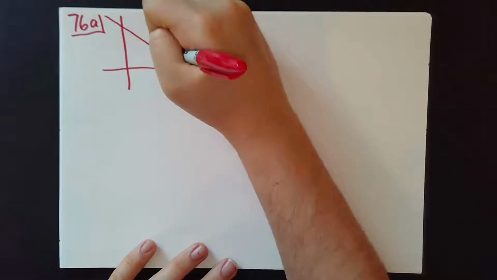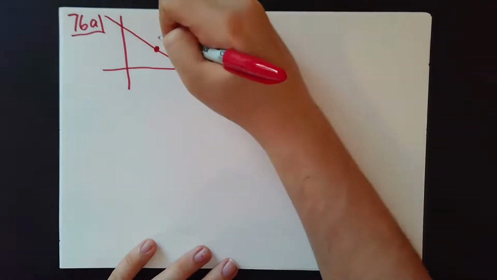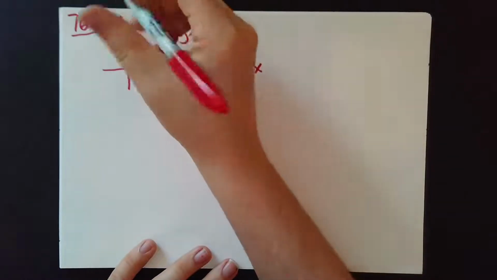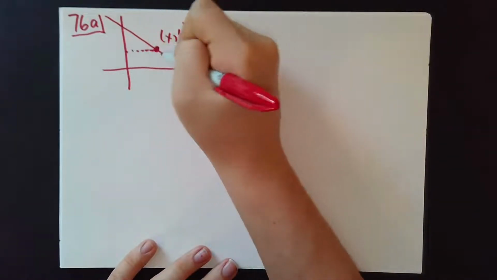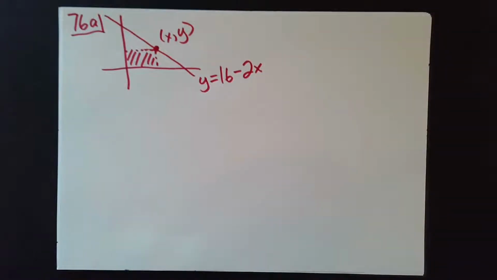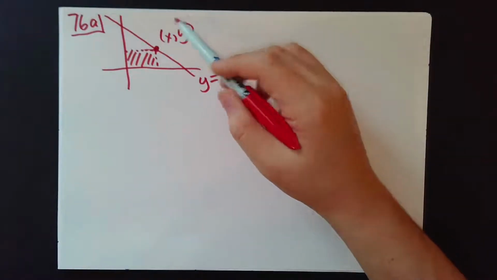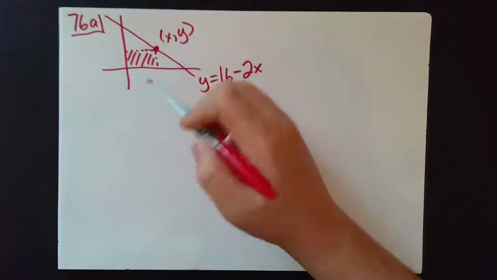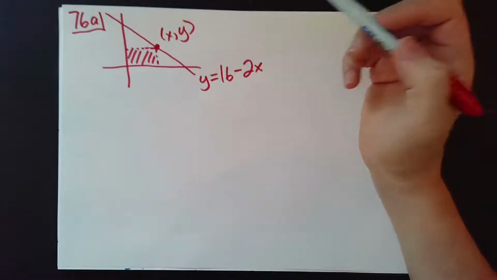And we've chosen a point here on this graph. I'll go ahead and call that point x comma y. And we've drawn this rectangle here. And the question is, what point here maximizes the area, and then what's the area?